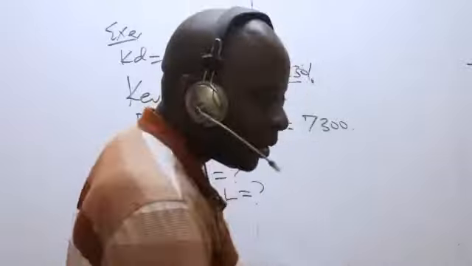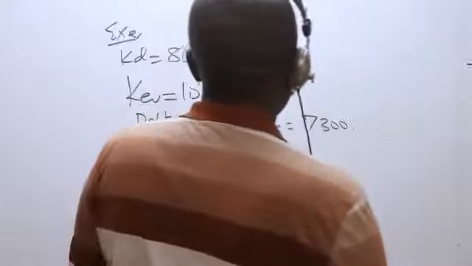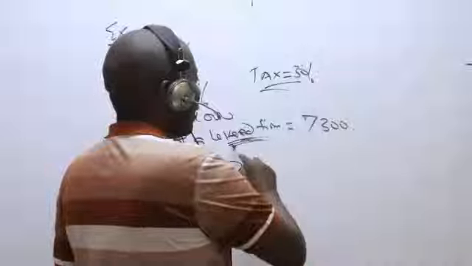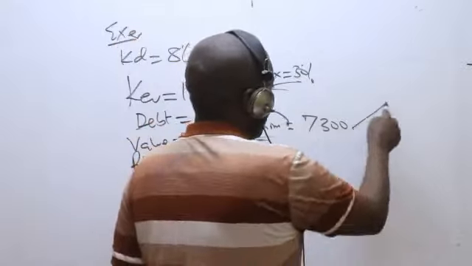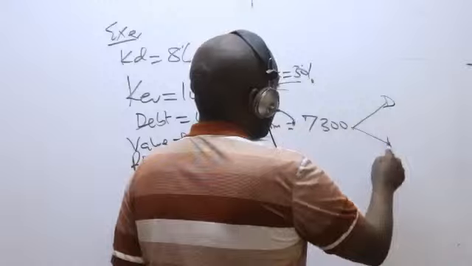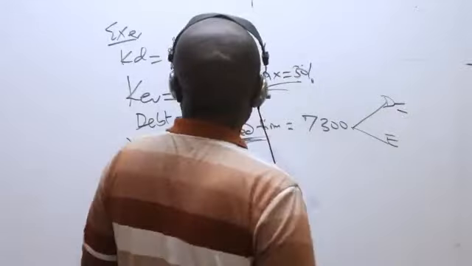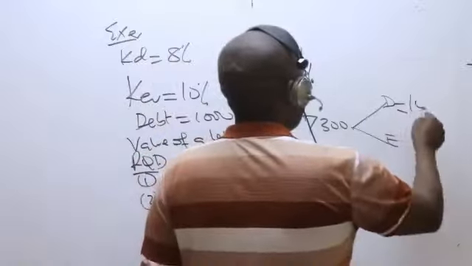So remember, what a good student will do, even first year, when they give me value of a levered firm, I'll come and break it down into debt and equity. So the debt has been given here as 1,000.